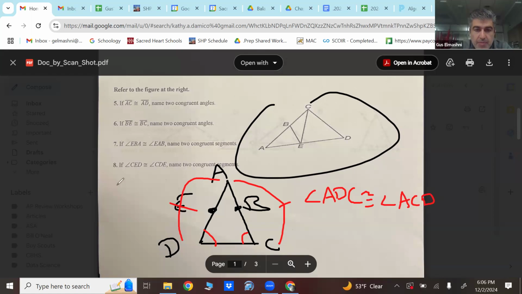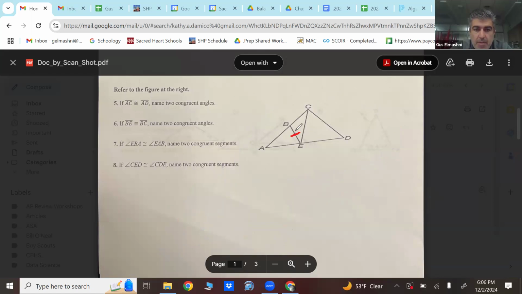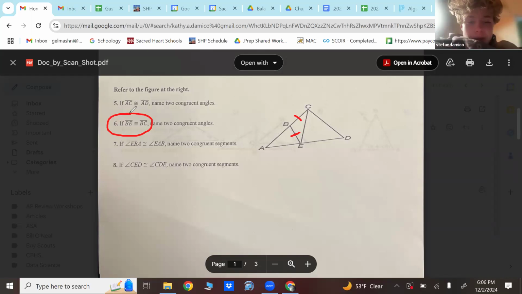Okay, we're going to try this again. BE and BC are the same. Why don't you mark on the screen? That might help you, because I think you need to actually do the markings. Mark on the screen the two angles that will be the same when BE equals BC. It will be BC and BE.